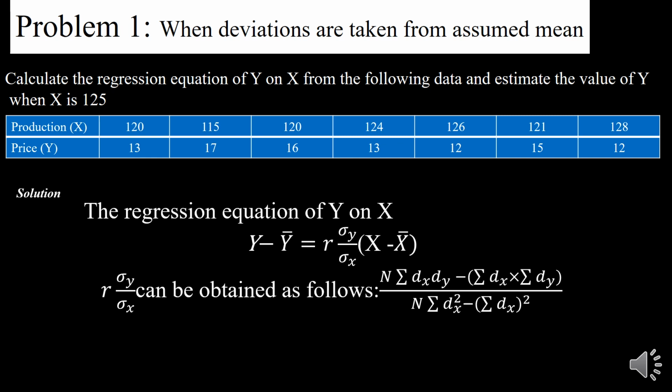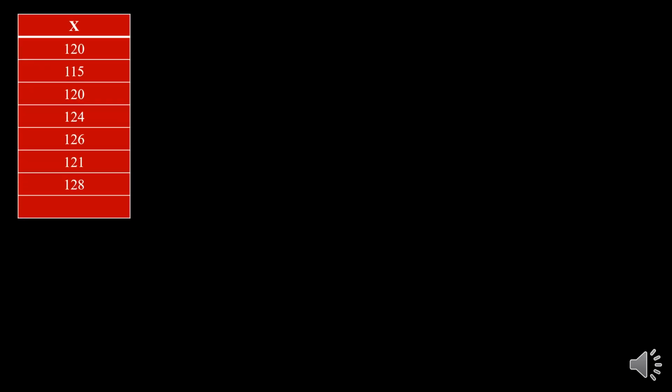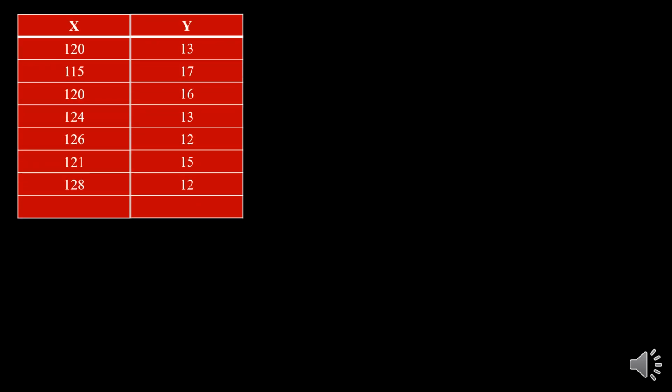Here dx means x minus the assumed mean, and dy means y minus the assumed mean of y. This is the x series and this is the y series. This is the formula.